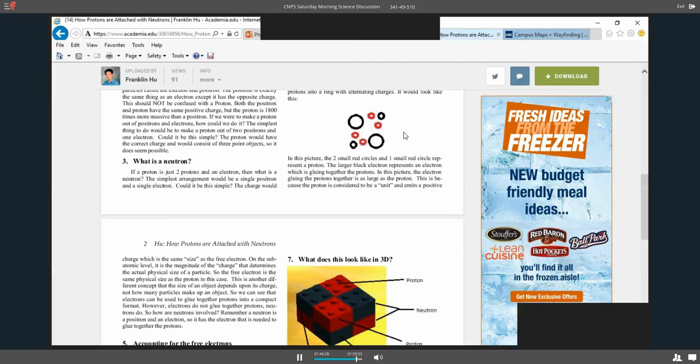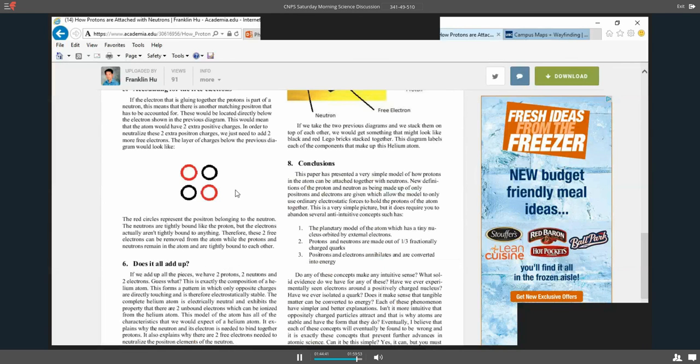Now, the only thing is that this leaves you with 2 excess positive charges from the neutron. So the way you neutralize that is, well, you just throw another free electron in there. So my other diagram here is showing that you just have the positron, which is the big red circle, and then just another electron, which is not really bound into anything, but it's neutralizing the charges.